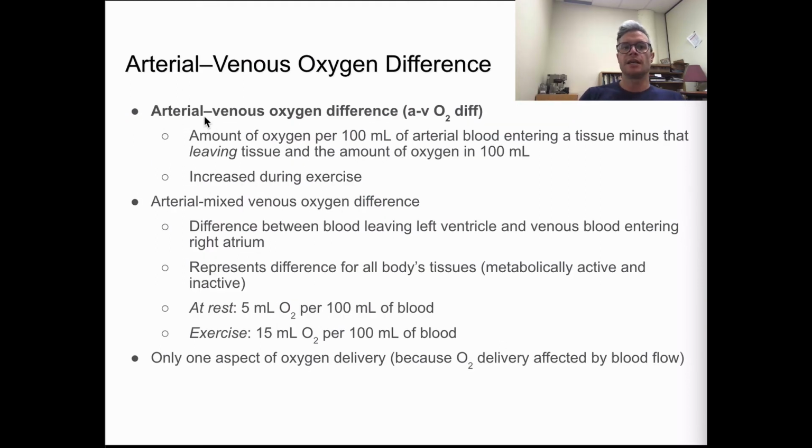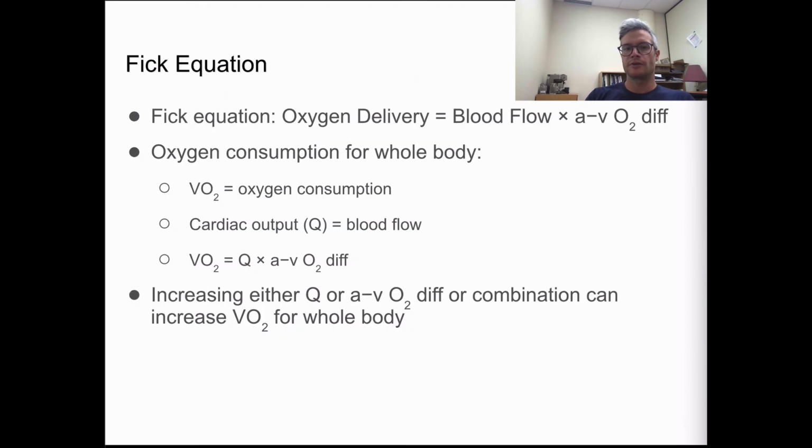AVO2, again, is arterial venous oxygen blood difference. So the difference between our arterial and our venous oxygen content, the amount of oxygen in either of those parts of our body. So with the Fick equation, we get to calculate this out and explore the relationships between these terms.